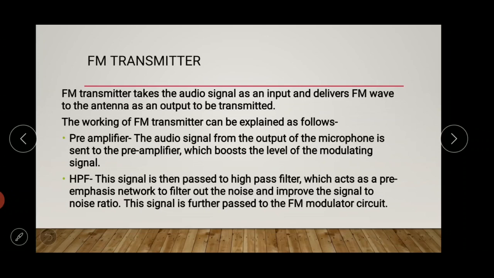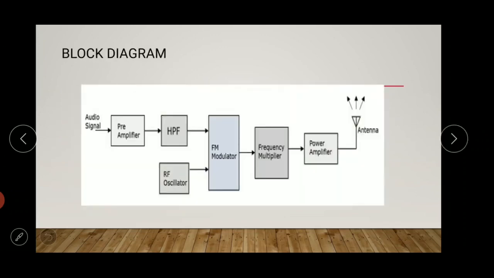So, the block diagram of FM transmitter consists of preamplifier, high pass filter, RF oscillator, FM modulator, frequency multiplier and power amplifier. The signal coming to the preamplifier is coming from a microphone.